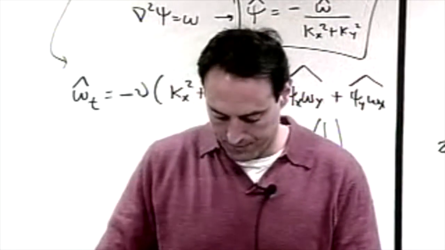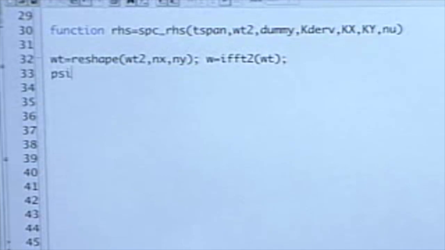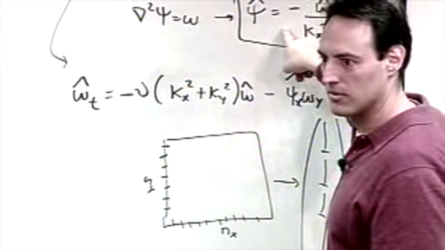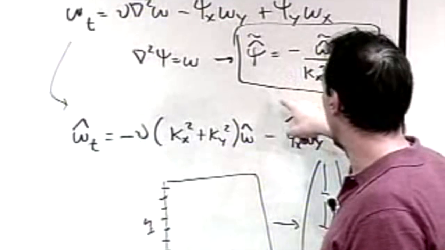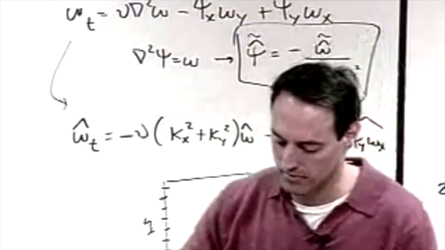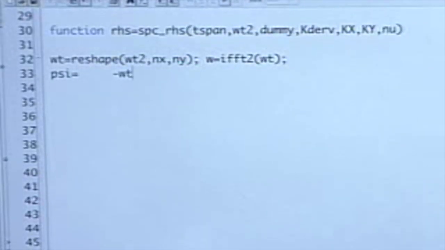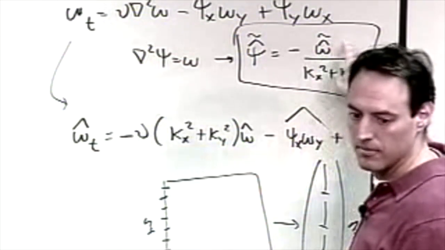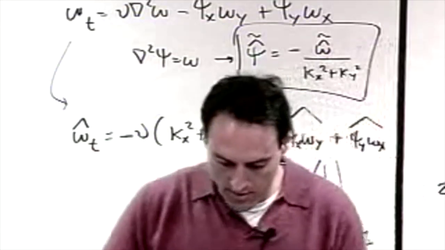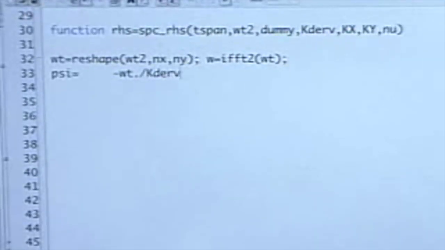What's the stream function? Check it out, one-liner. I love doing this with just one line. Right here, this is the stream function. So the stream function is minus the Fourier transform of the vorticity, K derv on the bottom.